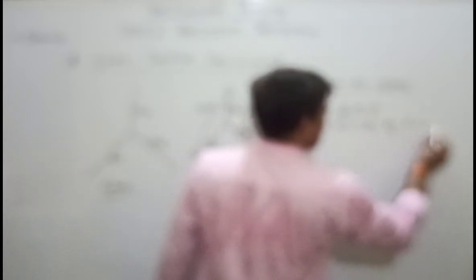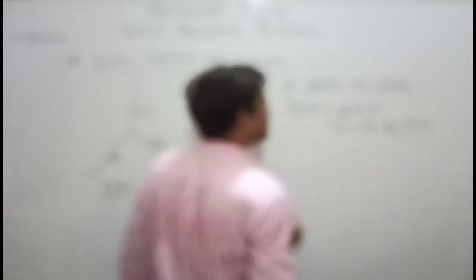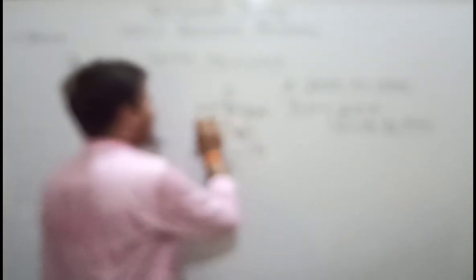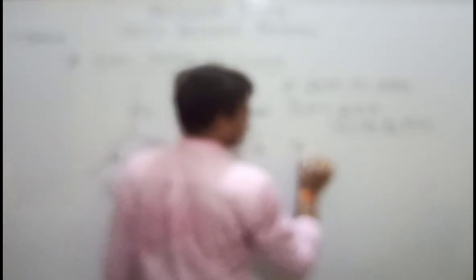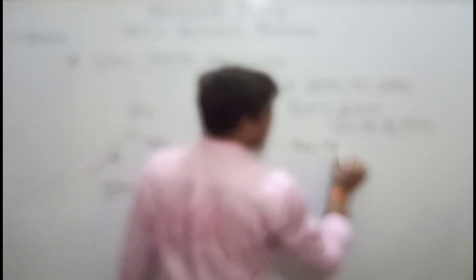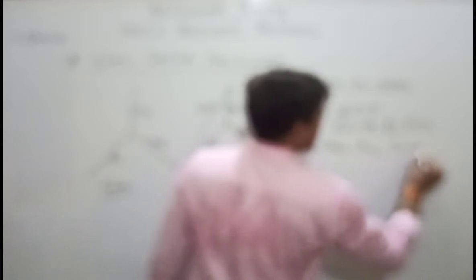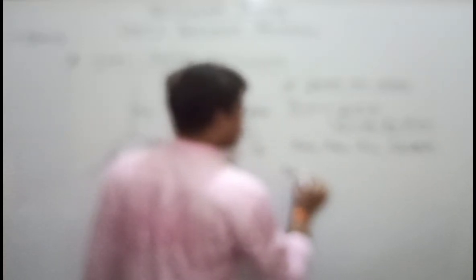Divide by sum. See, RAB, RBC, RAC are already given. Now you have to find RA.